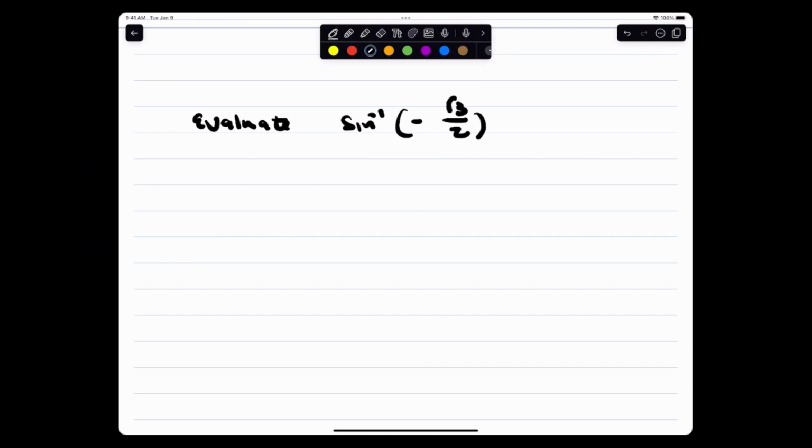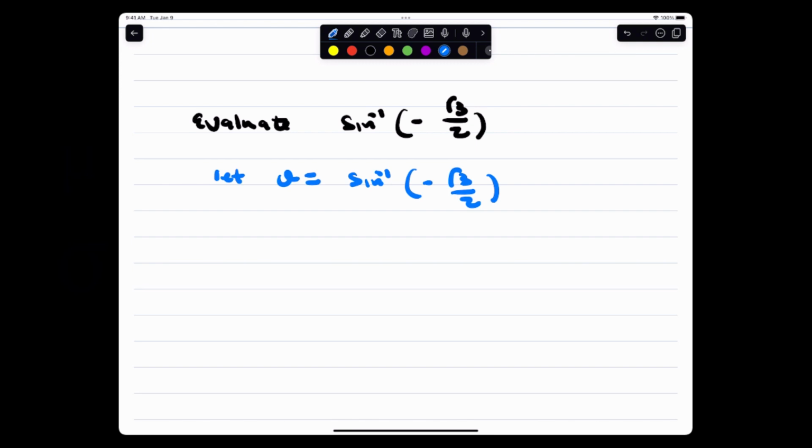Okay, what's the process again? I say, let theta be what? Inverse sine now of negative square root of 3 over 2. Okay, you guys okay with that?